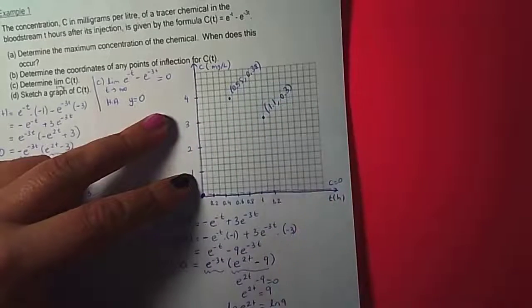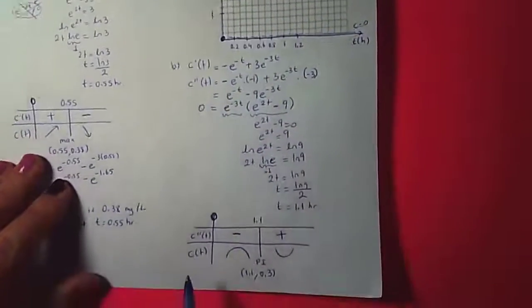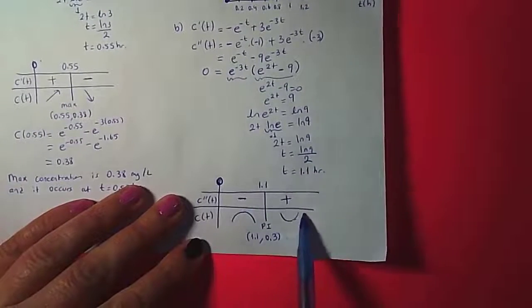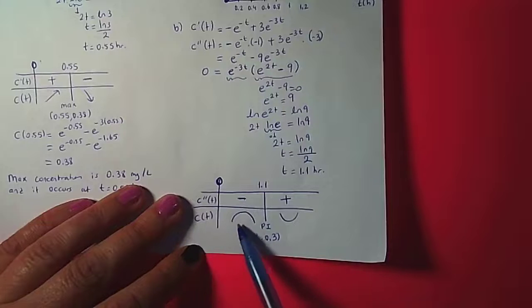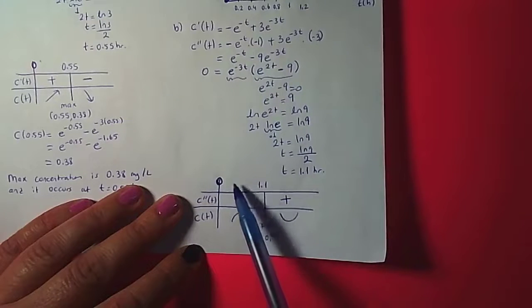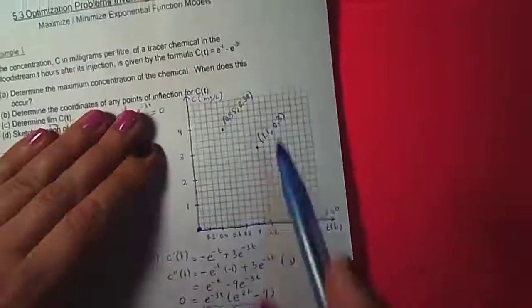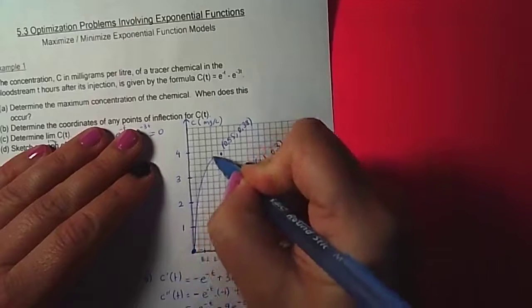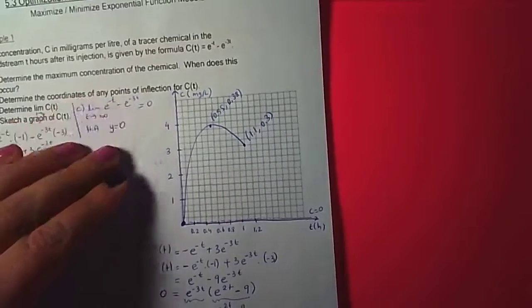Because it is a very simple graph, I will not join the two graphs, but I can just follow the concavity to sketch my graph. The original function is concave down when t is between 0 and 1.1. So it is going to be concave down, passing through those points up to 1.1.